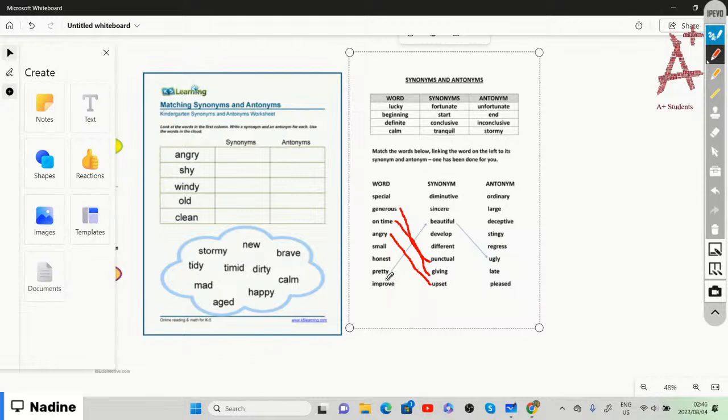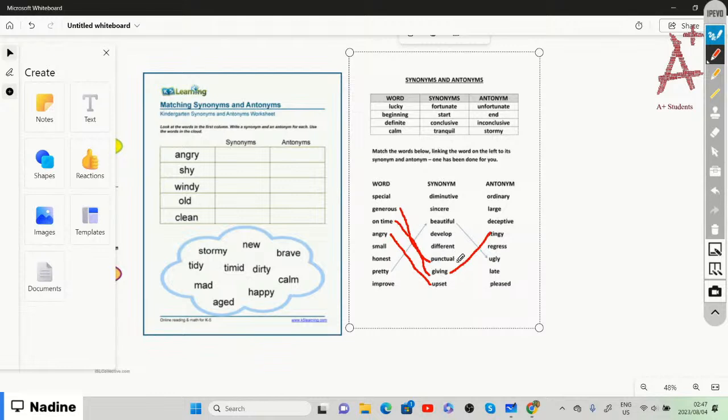Small, and then we have improve, right? So if we even look at the opposite of generous, the opposite of generous is stingy. So generous are people that give, but those who don't want to give are stingy.